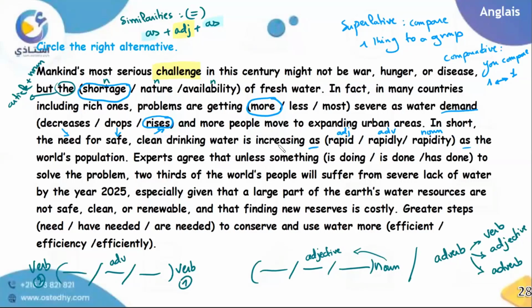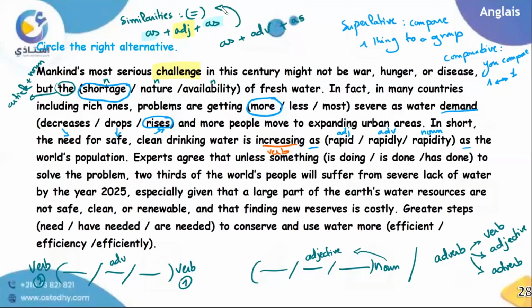We're talking about increasing, so it's the verb that is increasing, not something. So we can't use an adjective here. Rather, we have to use an adverb. It's the same thing, as plus adverb plus as. It's just to say that something happened in the same way.